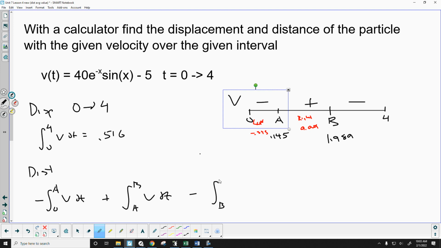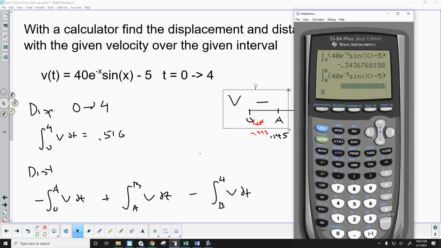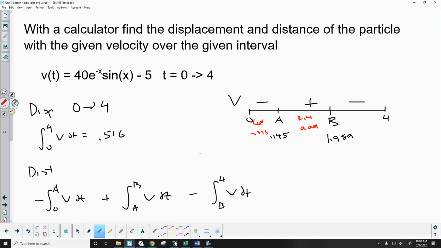I can find that area, but then I would take the opposite of it, so that I'd be adding a positive B. Let's go B to 4. This is telling me how far I've gone left. I go left 8.148, or I decrease.